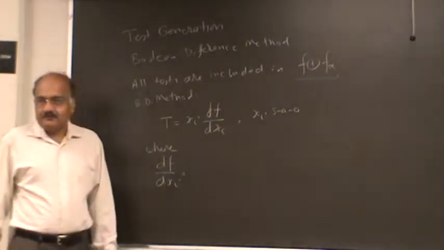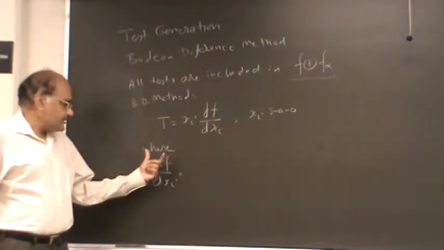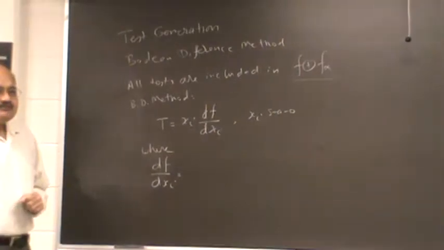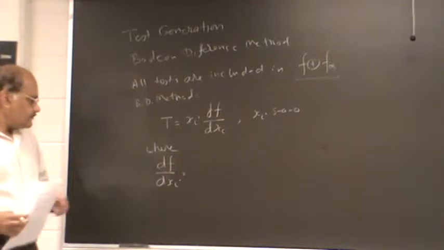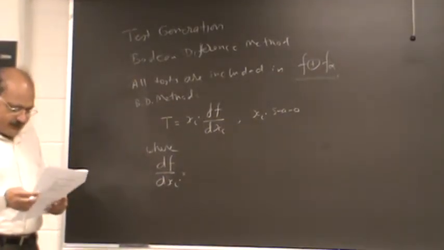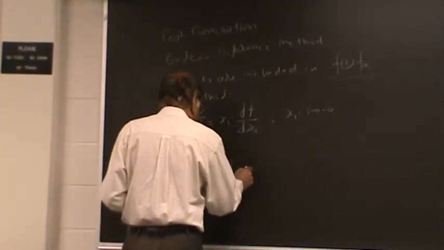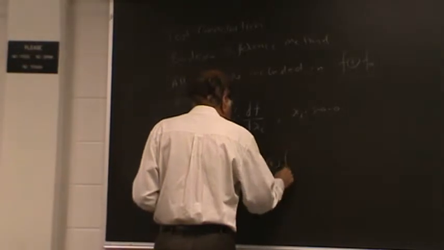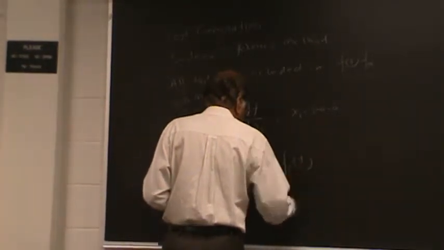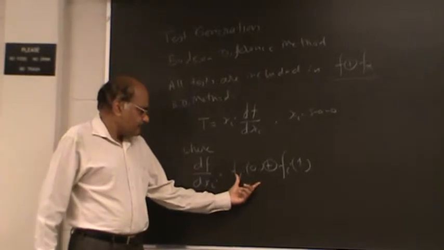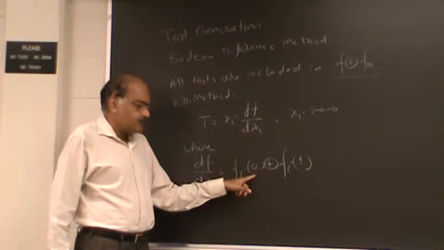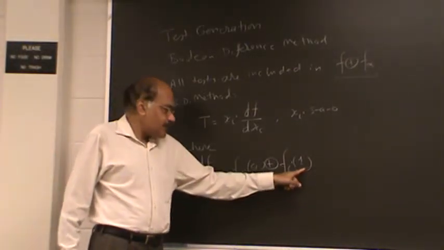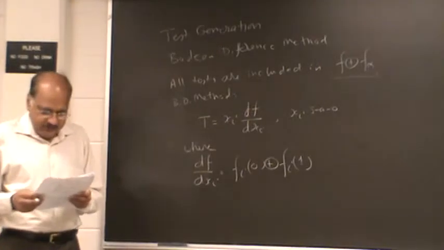So this is basically the set of combinations for which the output is sensitive to the value on line x sub I. And we had last time given that as, where by this notation I mean this is the same thing as f, except x sub I has been replaced by 0, and here x sub I has been replaced by a 1.